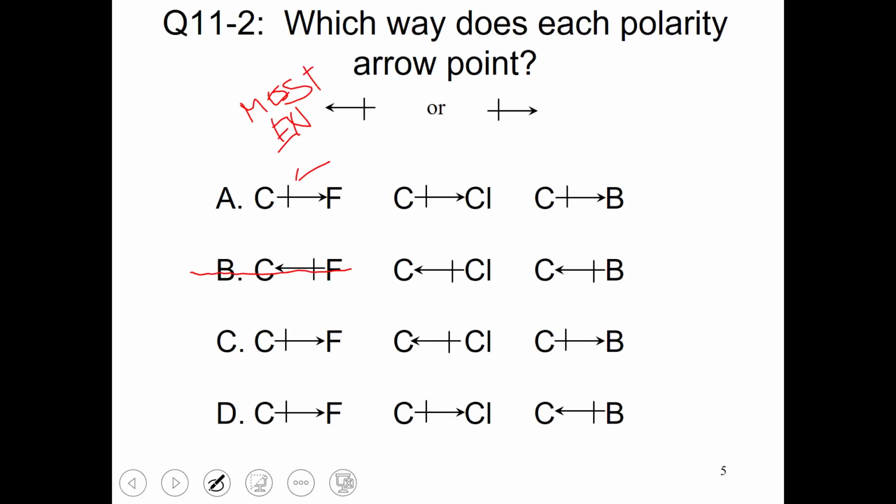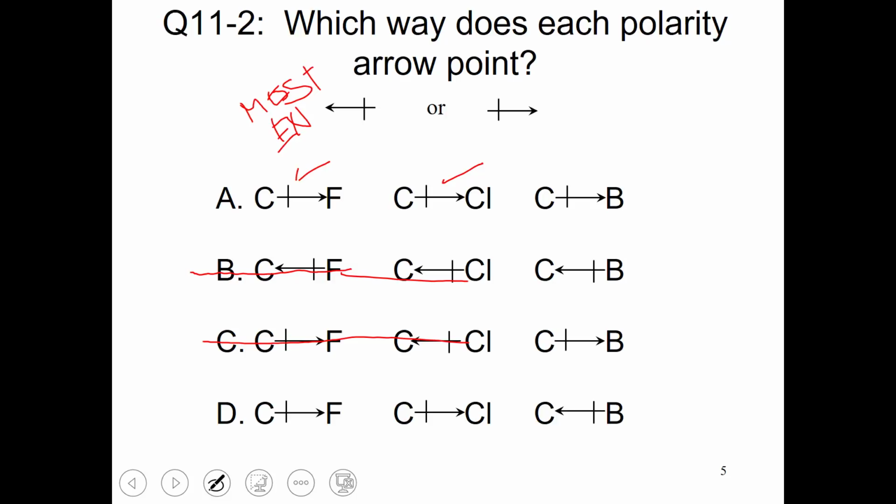So we know it's not B. Between carbon and chlorine, well, hopefully you've also memorized that chlorine and nitrogen are the third most electronegative elements on the periodic table. So pointing toward chlorine is indeed correct. So let's see. Definitely not answer C.